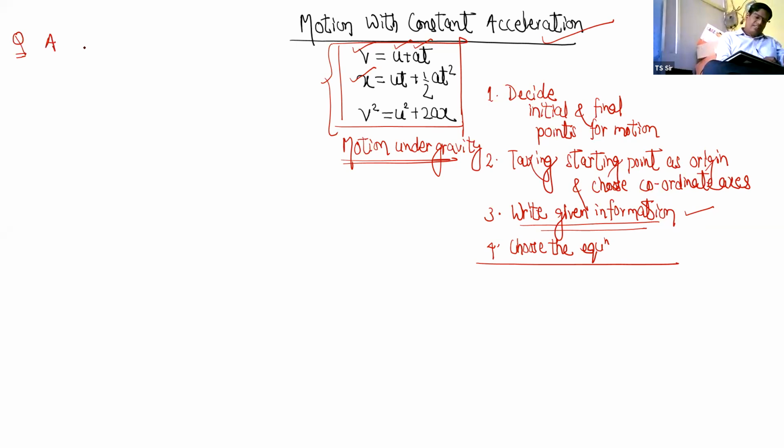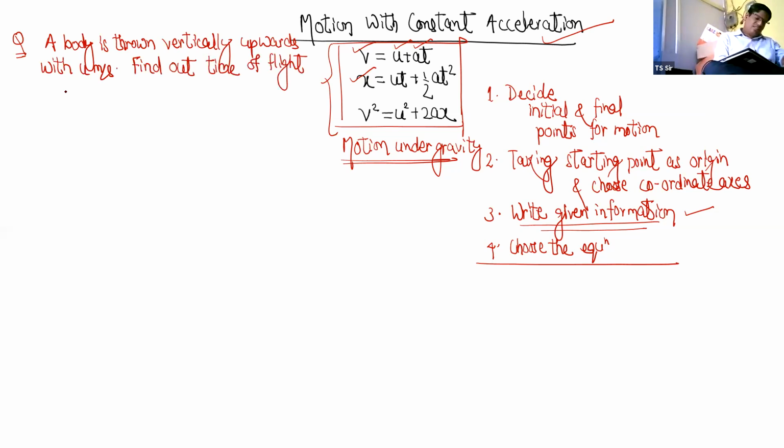Write the question. A body is thrown vertically upwards with u meter per second. Find out the time of flight and maximum height.